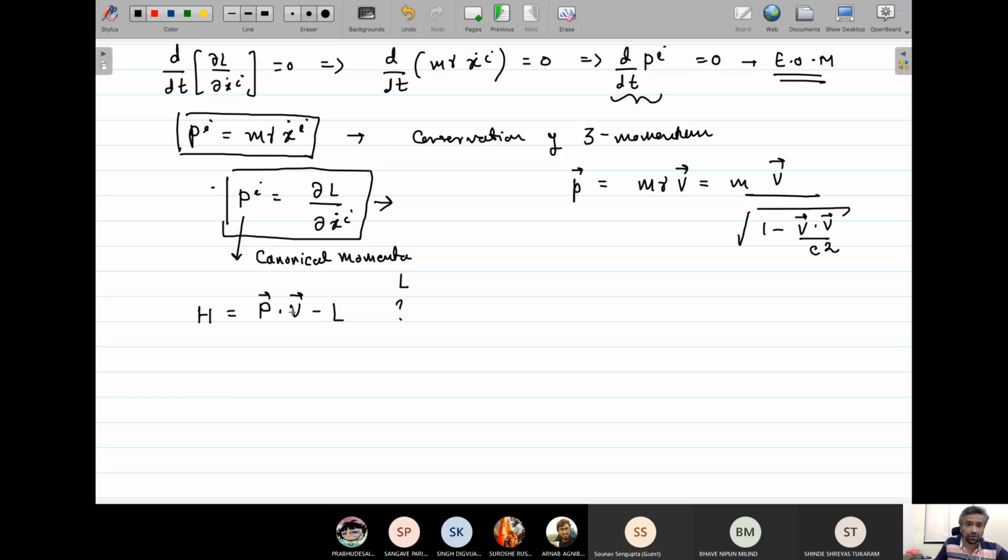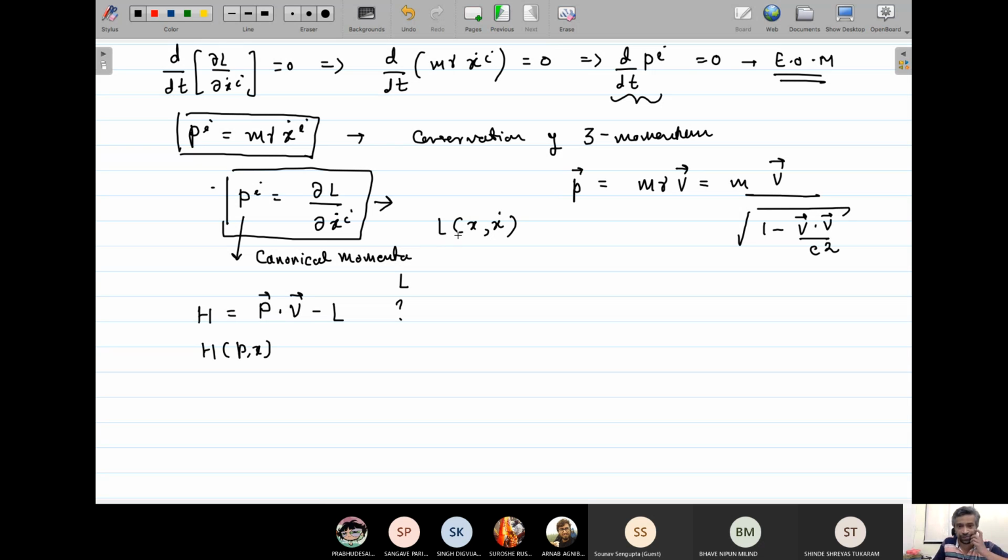Now, the Hamiltonian is a function of P and X. The Lagrangian is a function of X and X dot. This you should know.